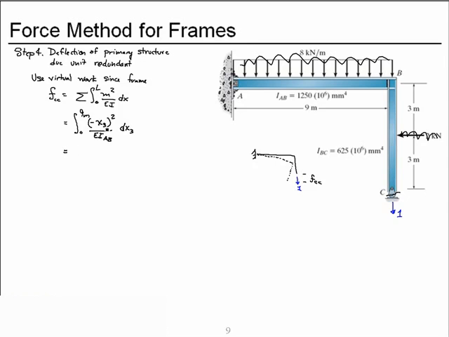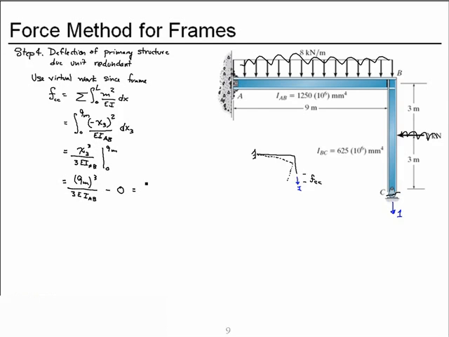Which means this term becomes x3 squared, we raise it to the next power, x3 cubed, and divide by 3, x3 cubed over 3EI AB, evaluated at 0 and 9 meters. So we'll have 9 meters cubed over 3EI minus 0.